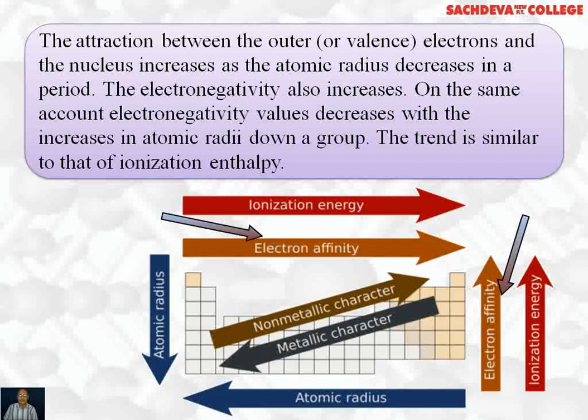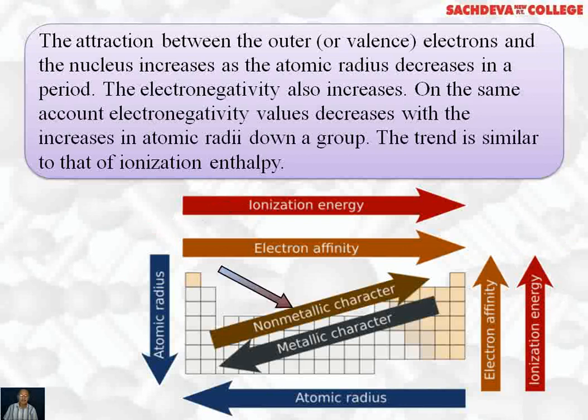Atomic radius increases down the group. Electron affinity or electron gain enthalpy decreases down the group and increases if we go up the group. Similarly, ionization energy goes on decreasing down the group and increases up the group.